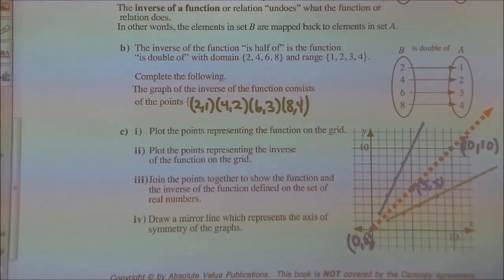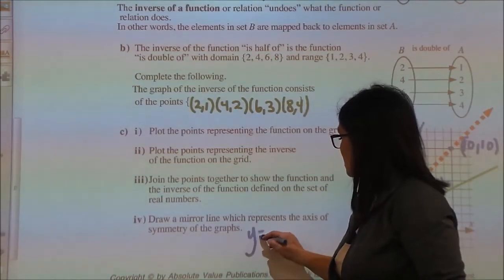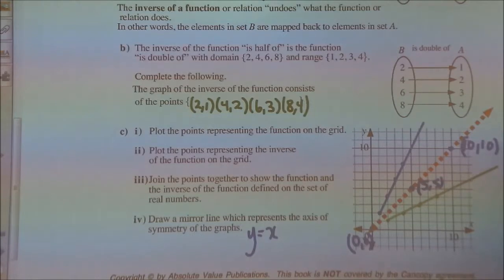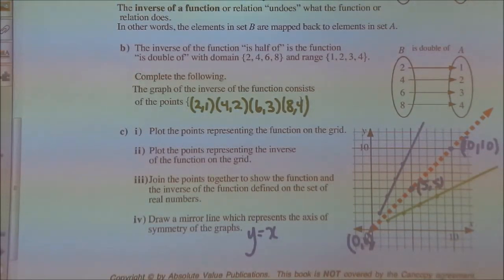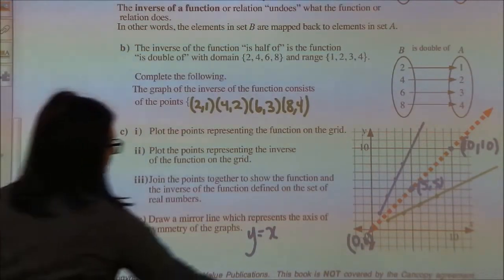The x's and the y's are always the same value. So my equation is that y equals x, because whatever x is, y is the same thing. 10, 10, 9, 9. If I start to get into decimals, it would be 9.5 and 9.5 and so on.